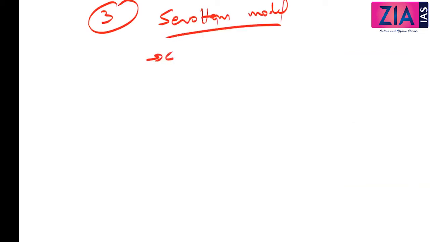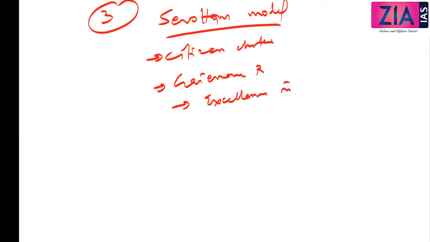Based on citizen charter, grievance redressal, and also excellence in service. Okay, and we have also discussed ARC suggested 7 steps to improve this service delivery and citizens charter. So that is there in your notes, so you can see that. I'm not discussing it here. Okay.